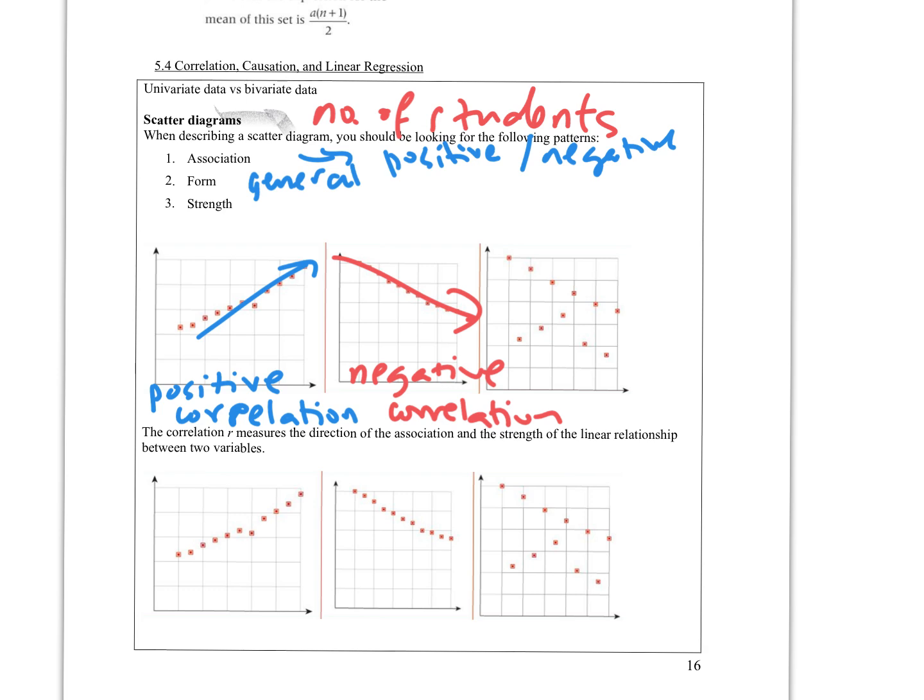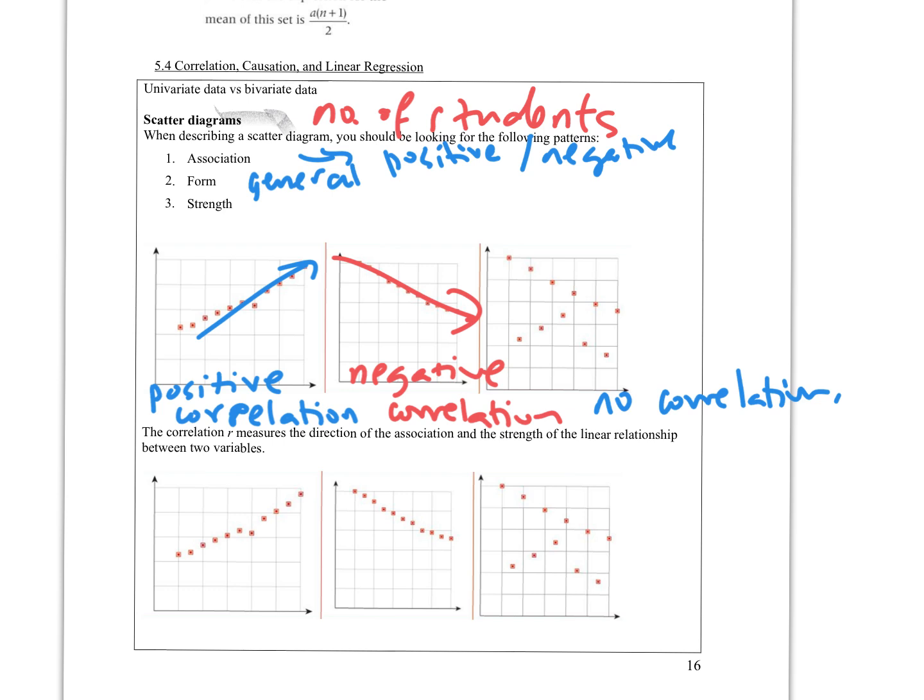And the third graph, you can see that it is scattered everywhere. This is what we call no correlation. This occurs when the points are randomly scattered. In the first one, when the independent variable increases, the dependent variable also increases. In the second one, when the independent variable increases, the dependent variable decreases.